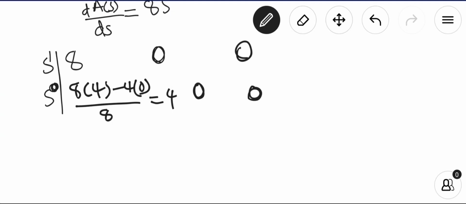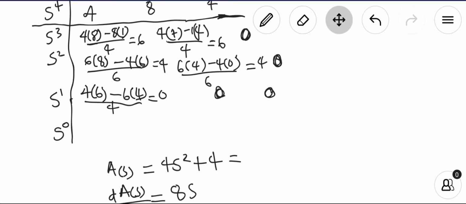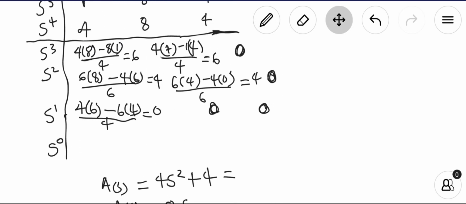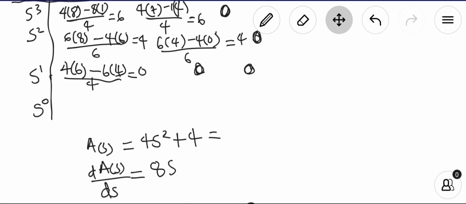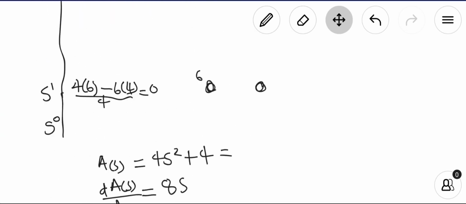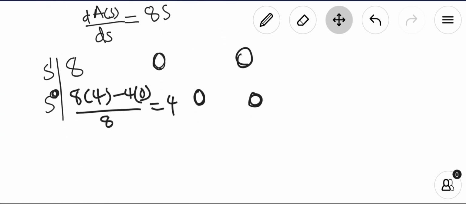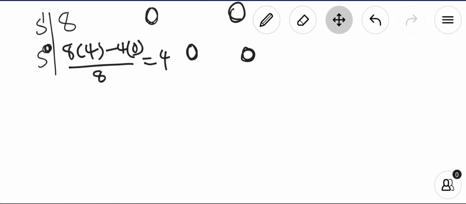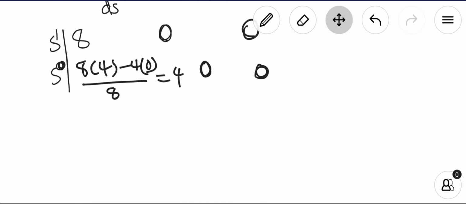Now the second condition, we can now check from the array. The second condition states that there must be no sign change, or there must be no negative sign in the first column of the Routh array. So since there is no negative sign, that means the system is stable.